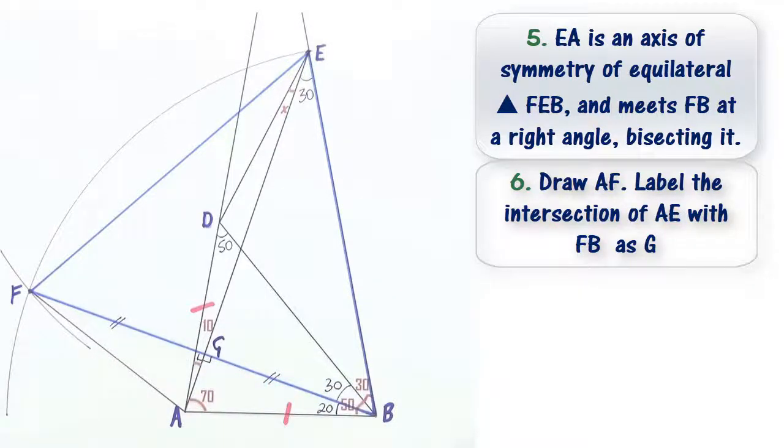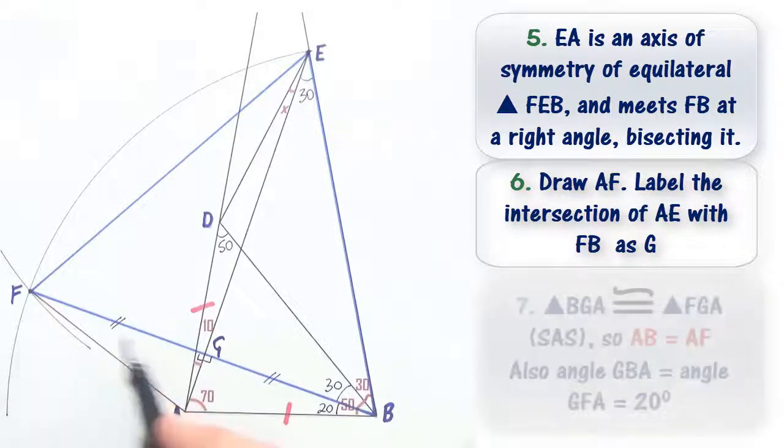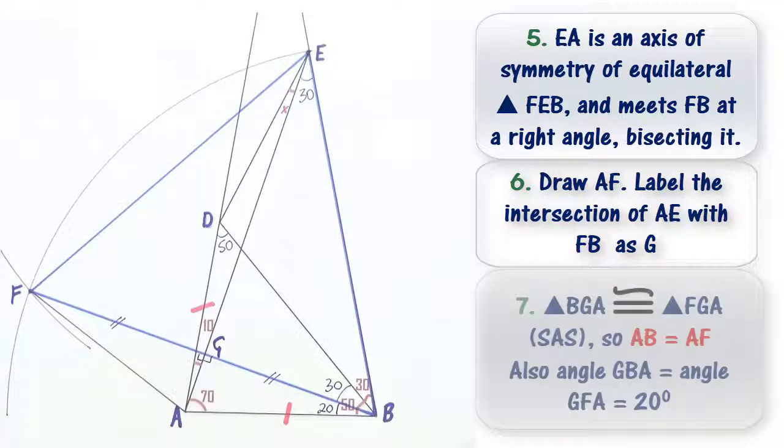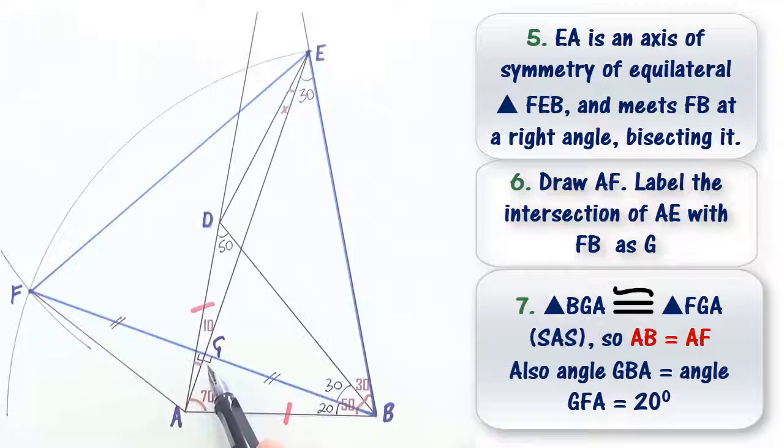I see I have congruent triangles, BGA and FGA. They are congruent by side, angle, side. That will mean that AB equals AF.